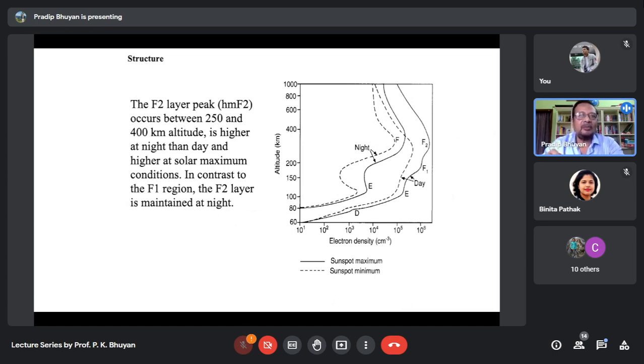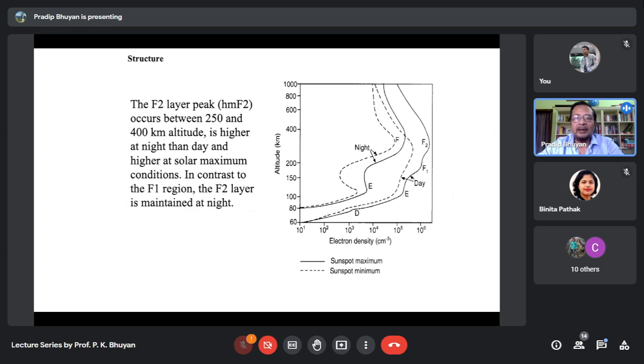The amount of ionization is very small, as you can see from this graph itself. That amount of ionization is only about 10 to the power 3 in the D region. 10 to the power 3 means 1,000 electrons per centimeter cube, 1,000 electrons in a volume of 1 centimeter cube.